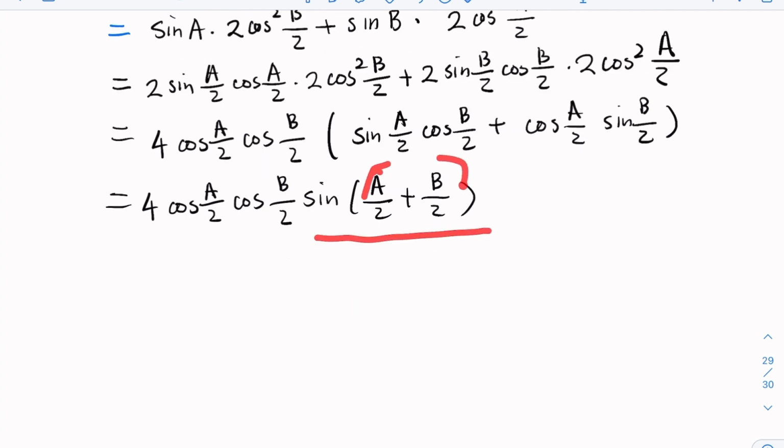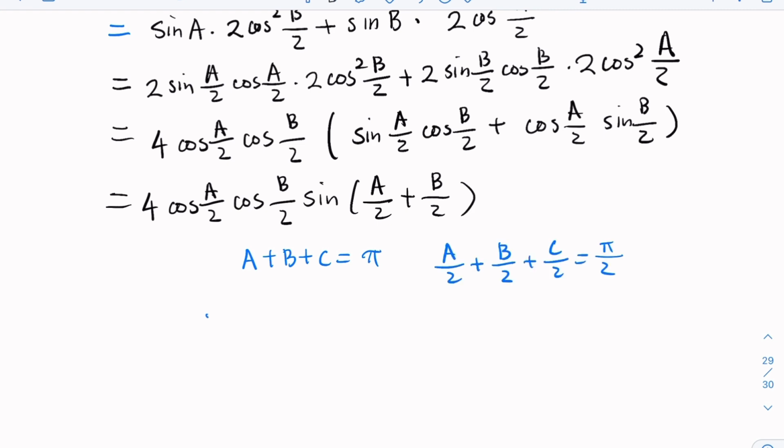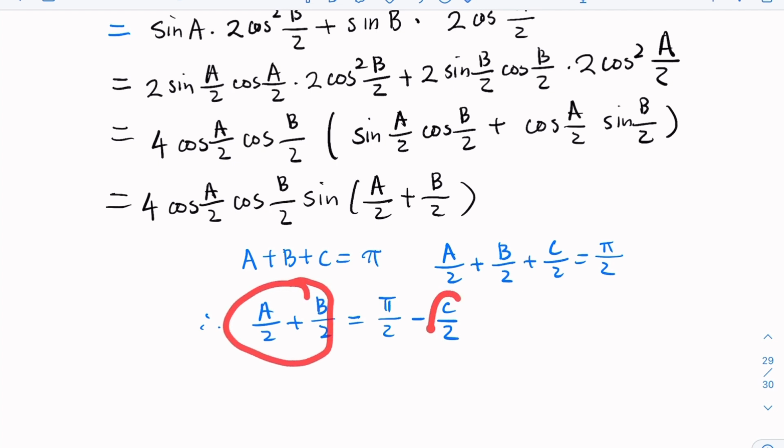A, B, C are the angles of a triangle. We know that A plus B plus C equals pi, or if you divide by 2, A over 2 plus B over 2 equals pi over 2 minus C over 2. So in that case, sine of this quantity equals cosine of C over 2.